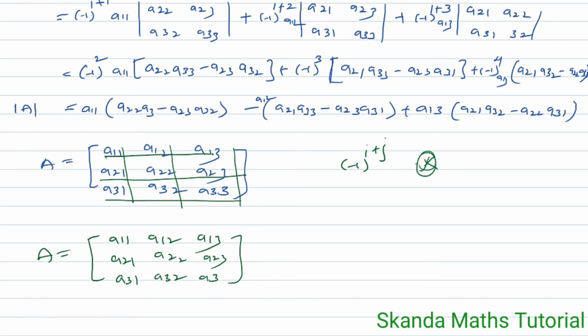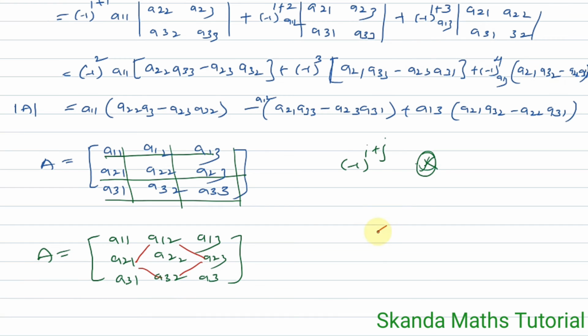Always finding minus 1 whole power i plus j is very difficult, so keep in mind these elements have negative sign: the first row second column element, the second row first column element, the second row third column element, and the third row second column element are negative.